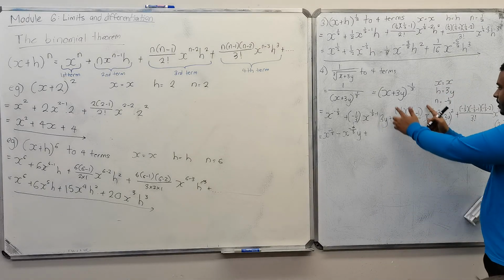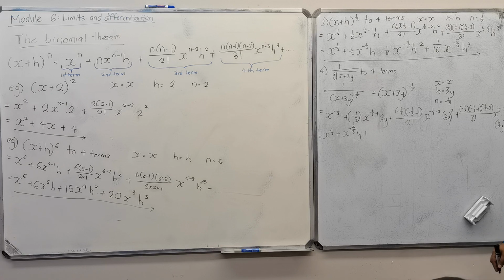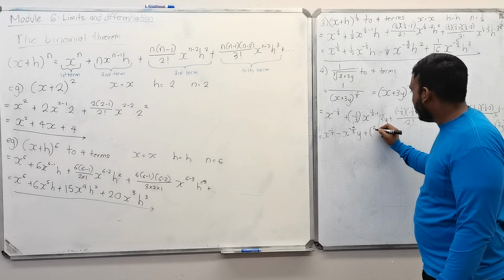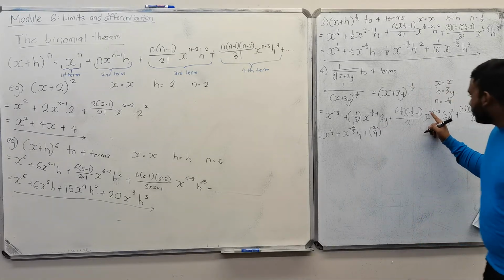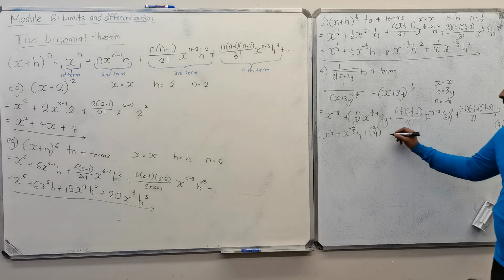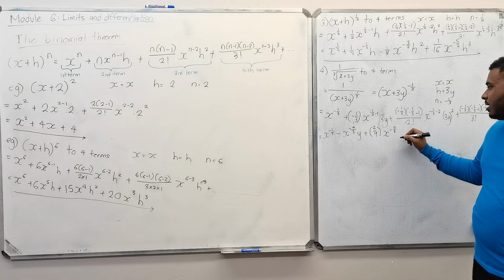Plus, what is this whole term? So I'm going to show you the full thing, right? 2 over 9, and then x to the power minus 1 over 3 minus 2, minus 7 over 3.